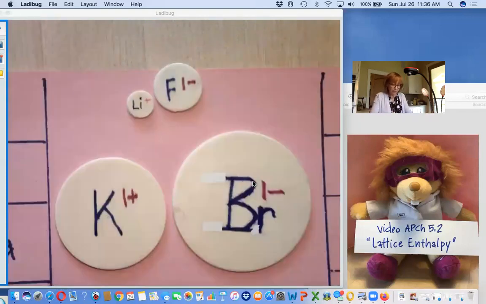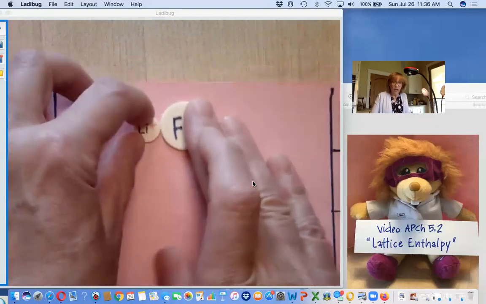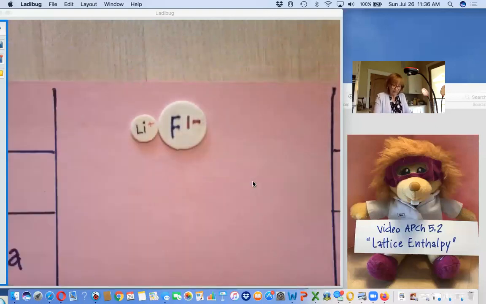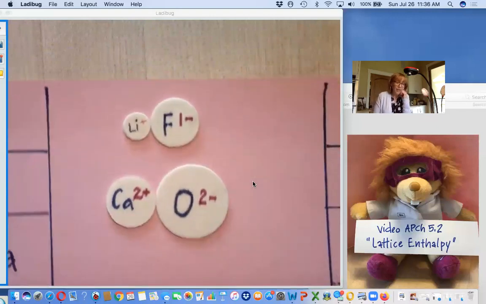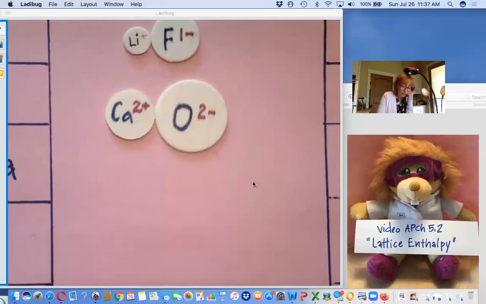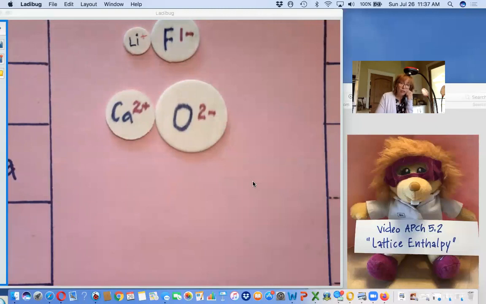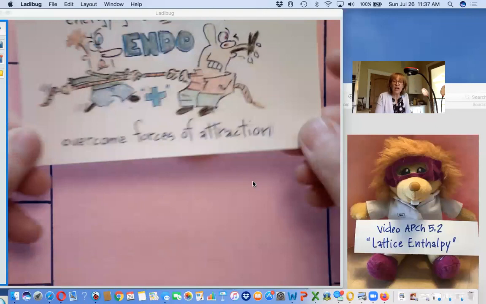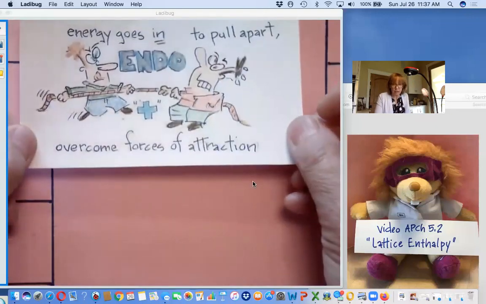Okay, let's do another comparison. Let's stick with lithium fluoride, and let's compare it to calcium oxide. So again, we want to try to predict which of these two ionic compounds requires the greater lattice enthalpy. Which one of those two is held together with a stronger force of attraction?